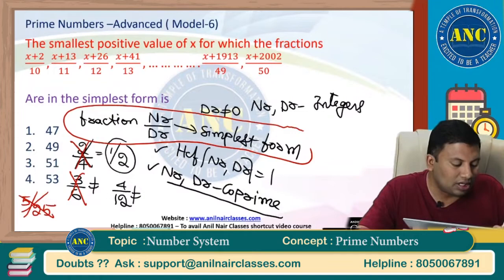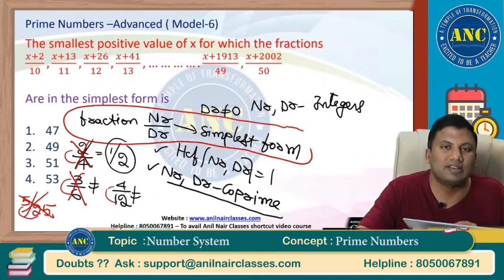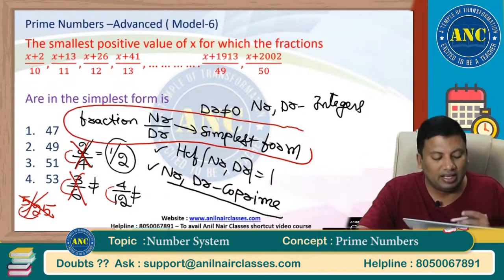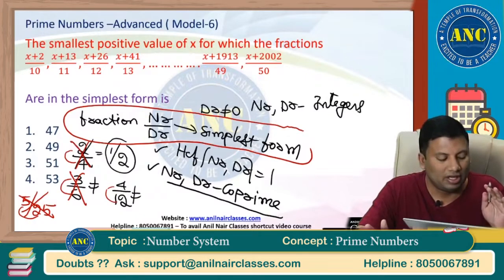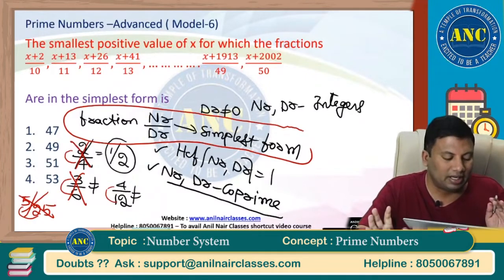Now, if you observe, 2 is a factor of 4, 3 is a factor of 6, 4 is a factor of 12, 5 is a factor of 25. If the numerator is a factor of the denominator, then I am not getting the simplest form.